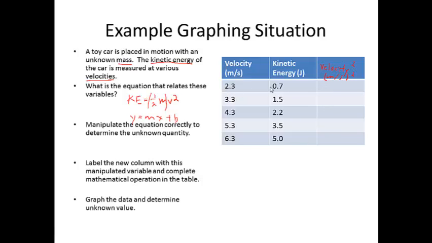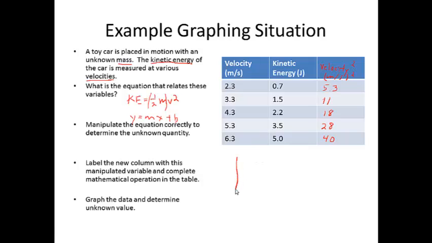So I'm squaring velocity, and I end up with these numbers. I'm doing this a little faster for the sake of time. So this is 11, and this is 18. This is 28, and this is 40. So that is the velocity squared.